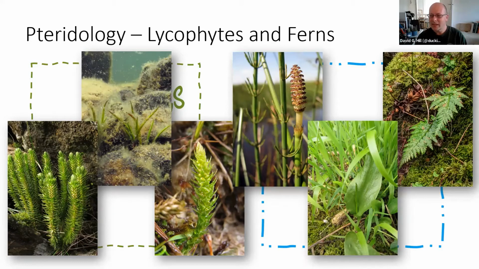So as you can see, they're quite diverse in both structure and form, habitat, environments that they inhabit, so quite wide-ranging. But as I say, they all have in common the fact that they have vascular tissue and they have spore-bearing structures. And these spore-bearing structures are what are principally used to divide them up.